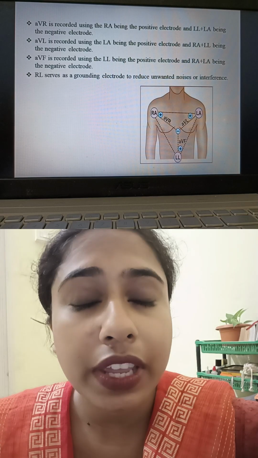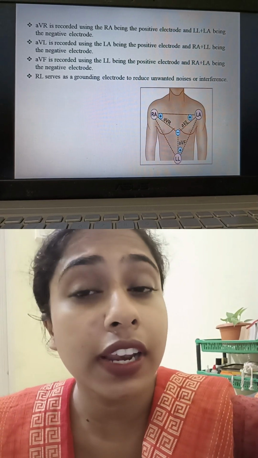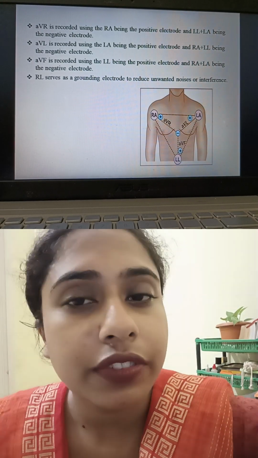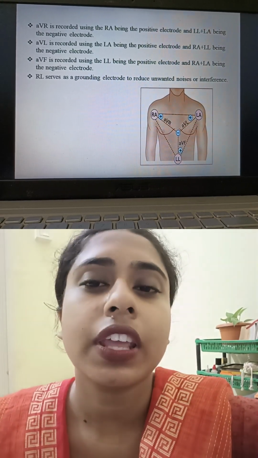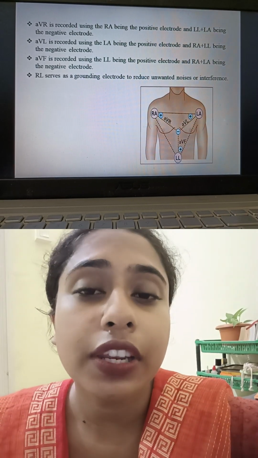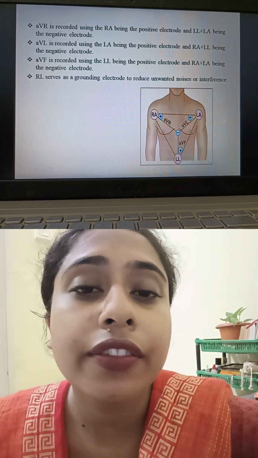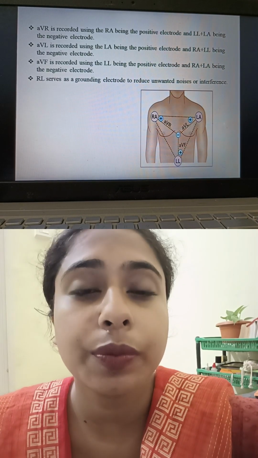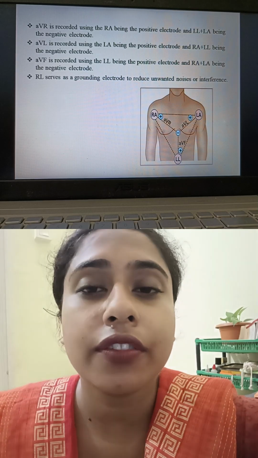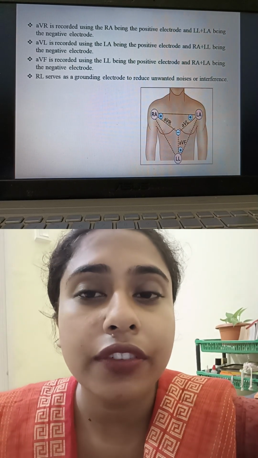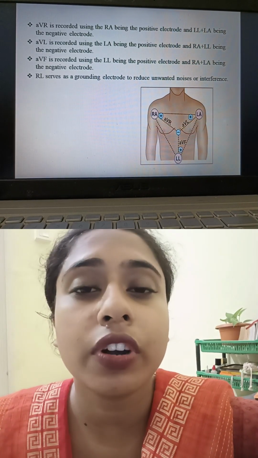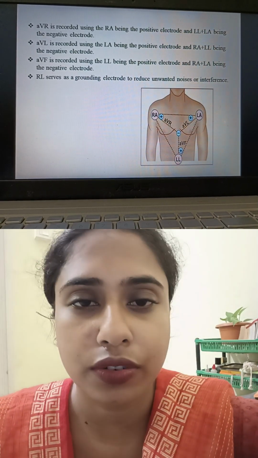So the electrode placed over the left arm will be the positive electrode. And aVF will be the electrode placed over the left leg. That electrode will be the positive one, and in every aVR, aVL and aVF, the other 2 electrodes will work as negative electrodes.